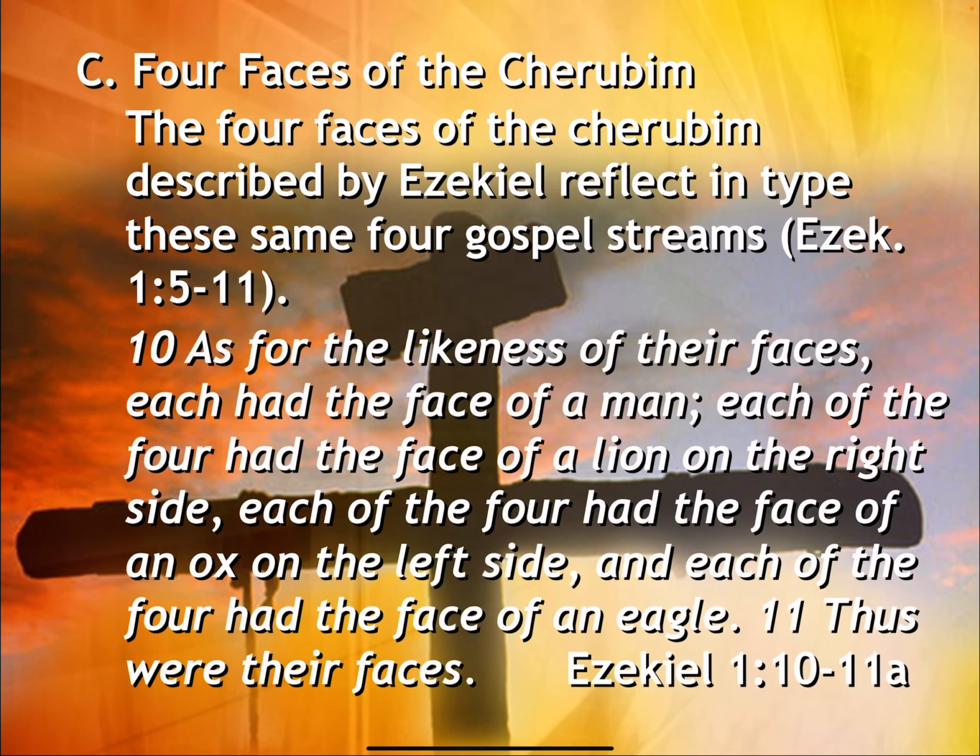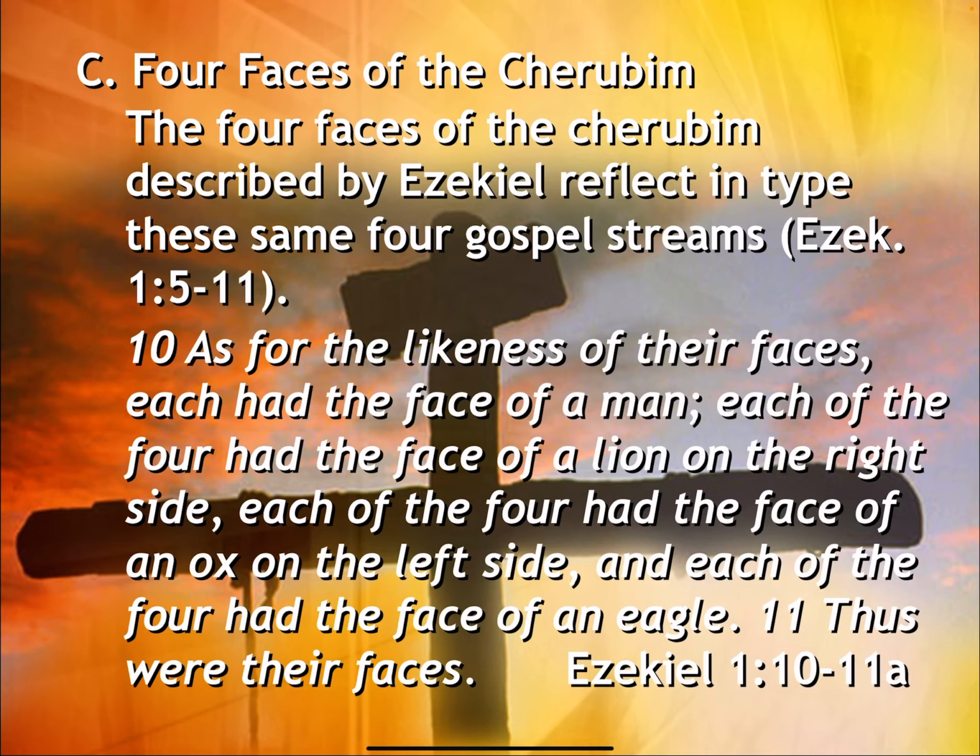So we focus on the portion in verse 10 and the beginning of verse 11 concerning the faces of these creatures. And it tells us that each had the face of a man. Each of the four had the face of a lion on the right side. Each of the four had the face of an ox on the left side. And each of the four had the face of an eagle.